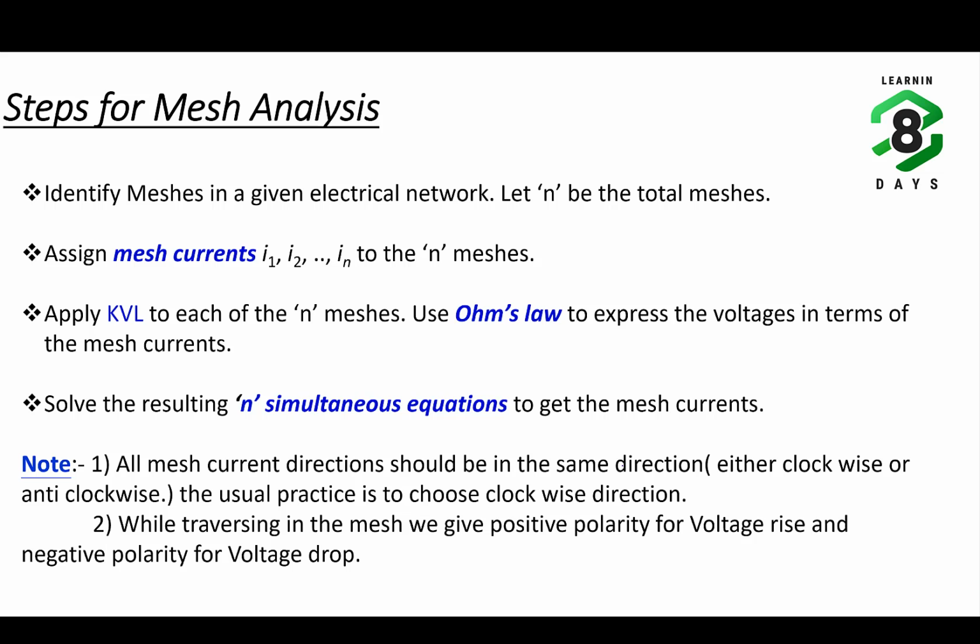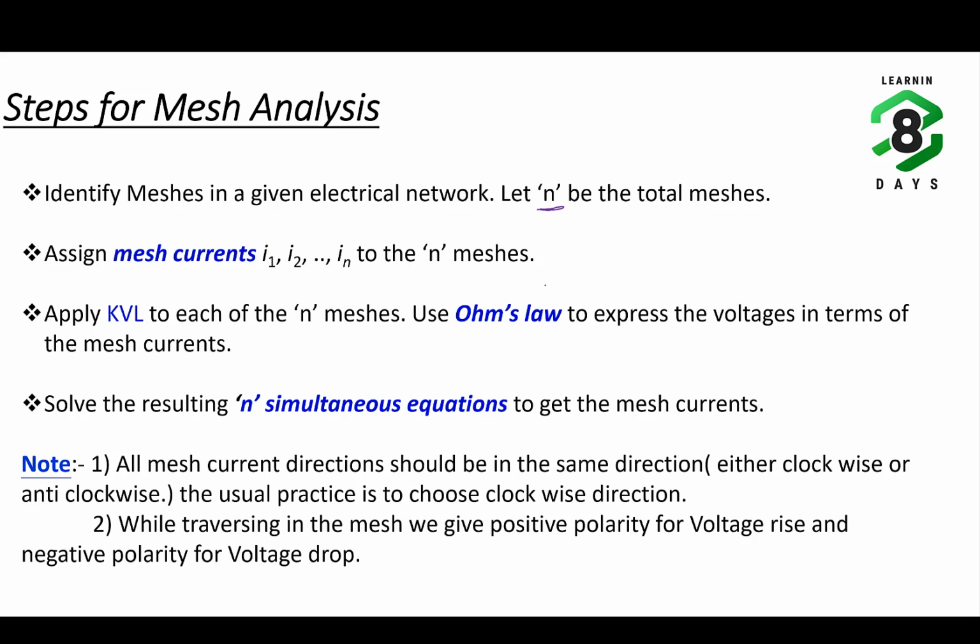Steps for mesh analysis. The first step is to identify the meshes in a given electrical network. Let us assume there are n meshes in the given electrical network. Assign mesh currents I1, I2, up to In in the n meshes.